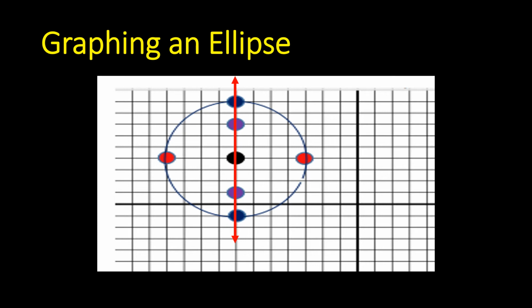So mukhang hindi elongated vertically. So the center is found at negative 7, 4, yung black dot. And the vertices are the blue dots, the foci are the violet dots, and the red dots are the intercepts.